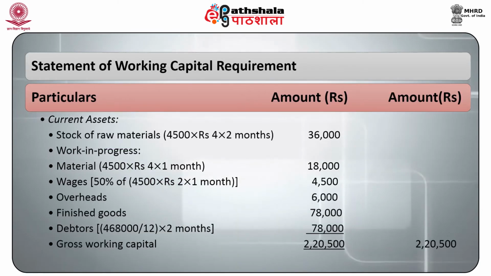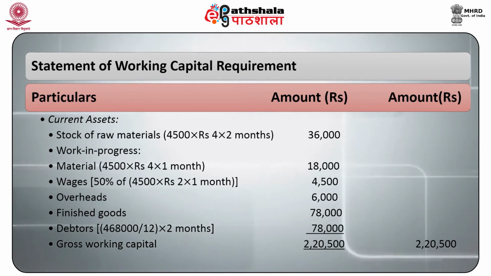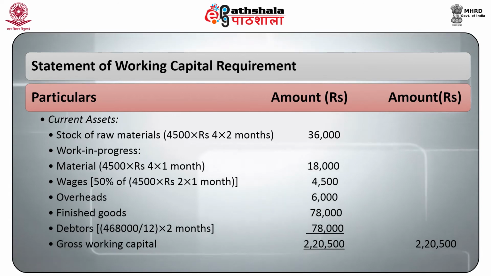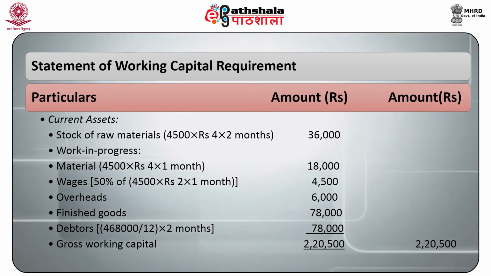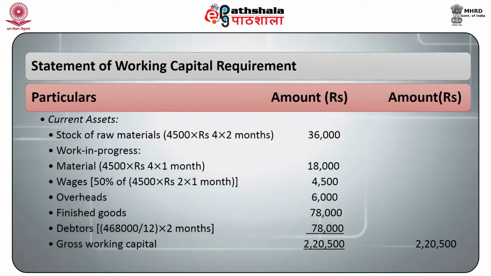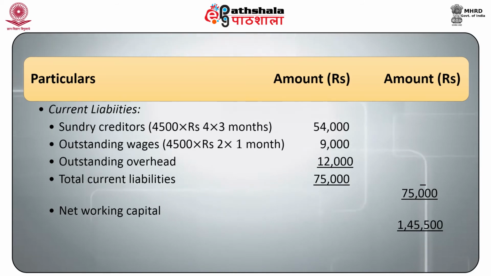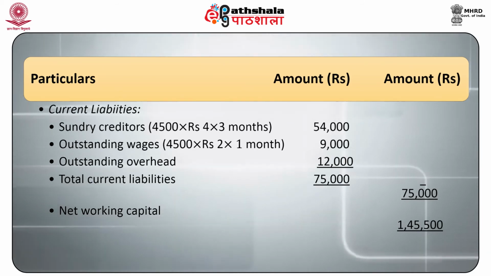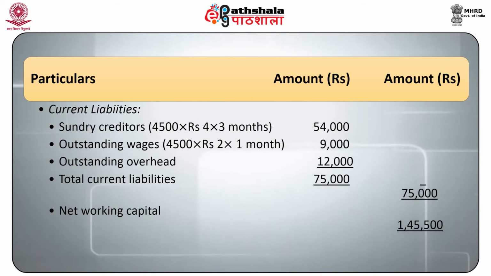The statement of working capital requirement would include the particulars like stock of raw materials, work in progress, material, wages, overheads, finished goods, debtors. These all form the current assets, which give us the gross working capital. The current liabilities include the sundry creditors, outstanding wages, outstanding overheads, total liabilities.